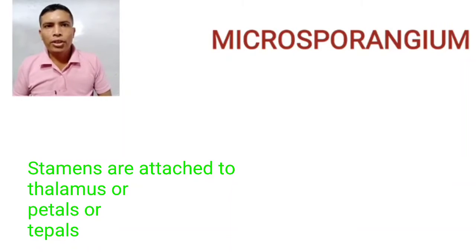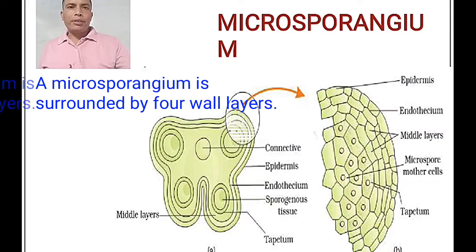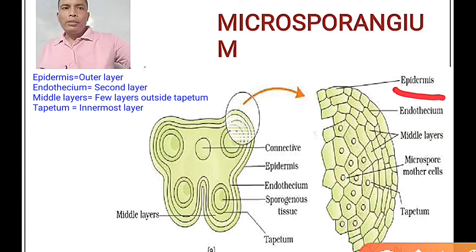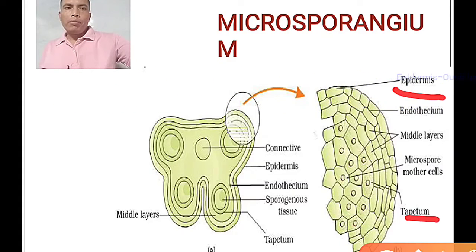Now let us see the structure of a microsporangium. You know, a microsporangium is generally surrounded by 4 wall layers. The outer layer is called epidermis. Next is endothecium, next are the middle layers, and the last, innermost wall of the microsporangium is called tapetum. Right? The middle layers may be more than 2 layers.